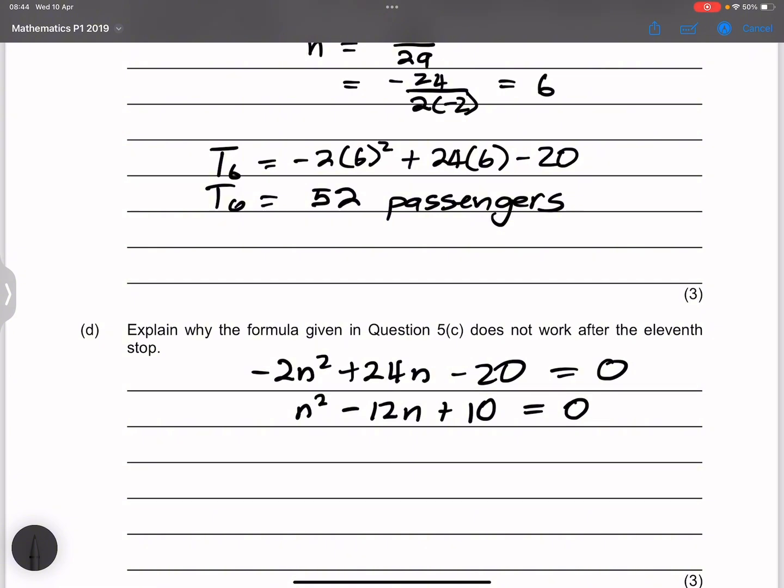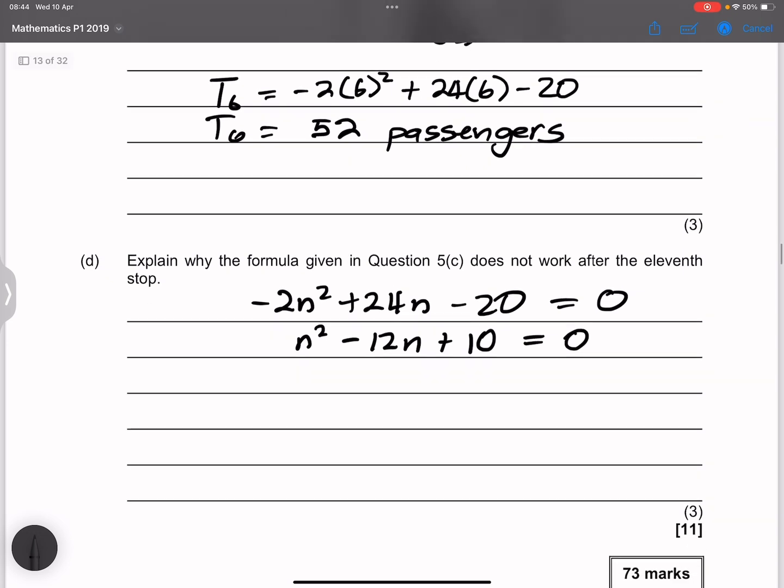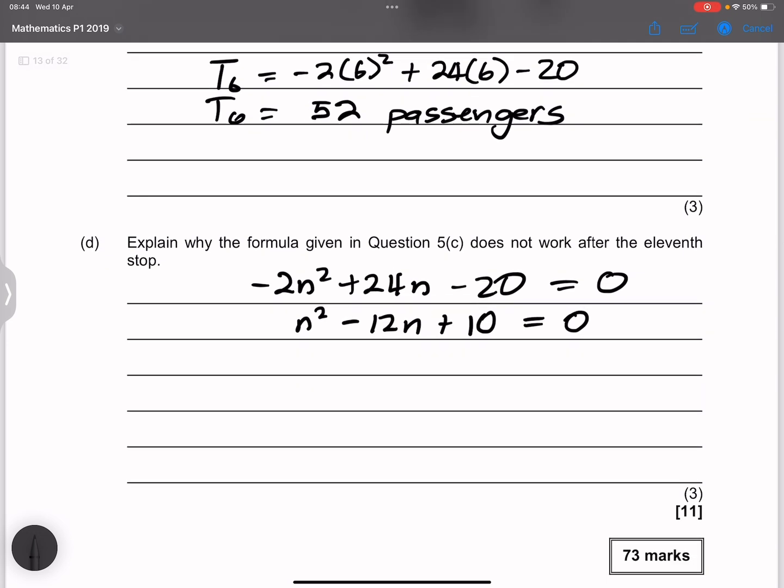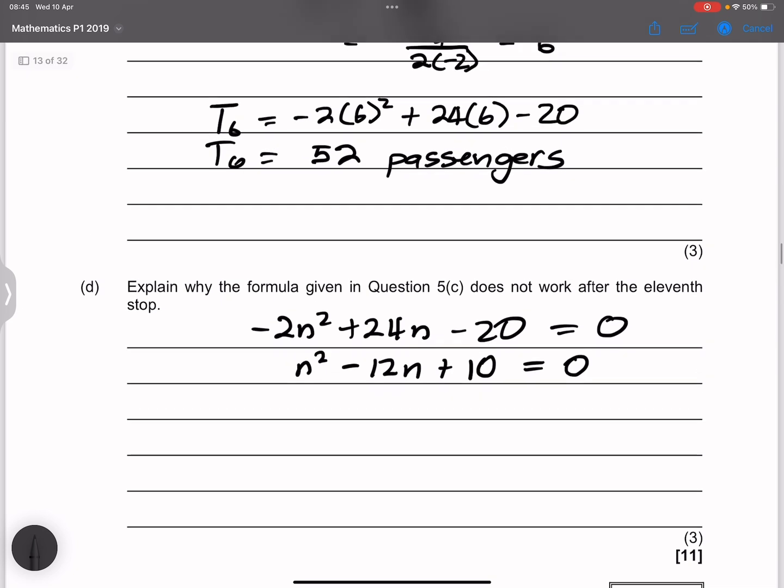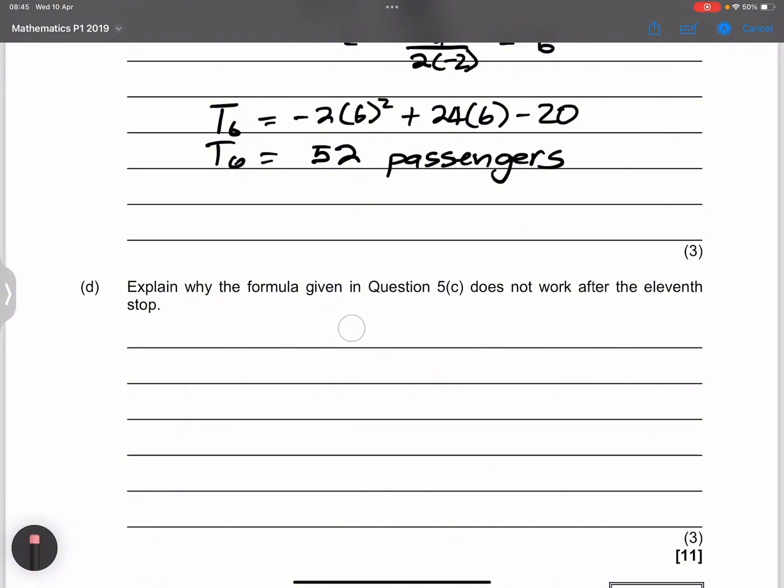Okay, so let's just try and perhaps use the quadratic. In fact, why don't we just substitute n is equal to 11 there, right? Yeah, in fact, let's do exactly that. Let's say T11, instead of me doing all of that.